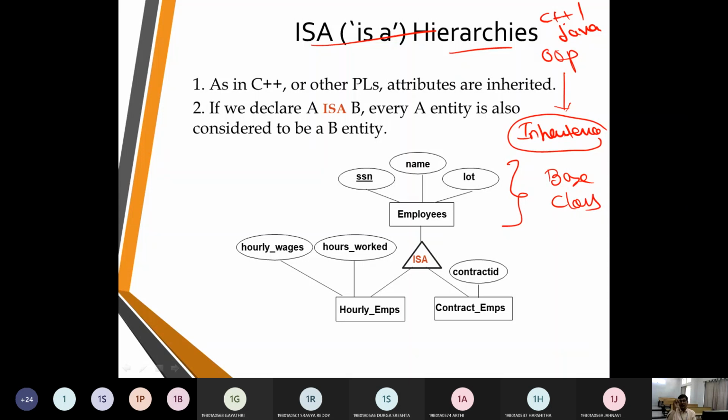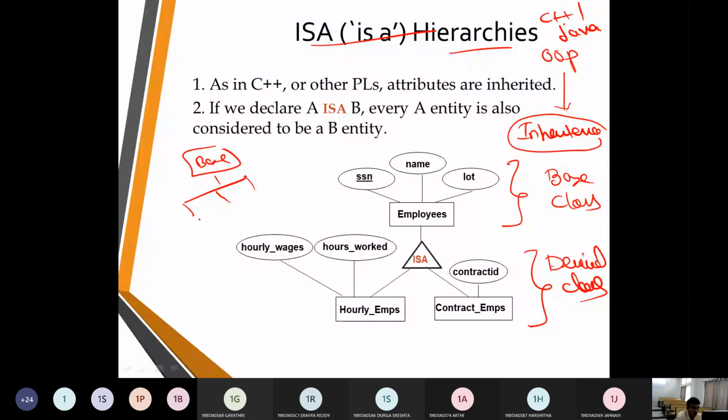The contract employees and the hourly employees are going to be assumed as derived classes. So there is a base class here, and the base class can have two or more derived classes: derived class 1, derived class 2, derived class n. We are going to call them derived classes.